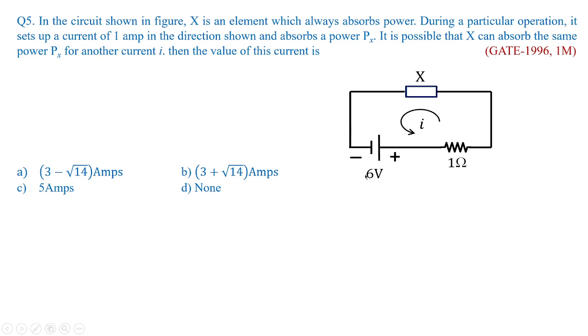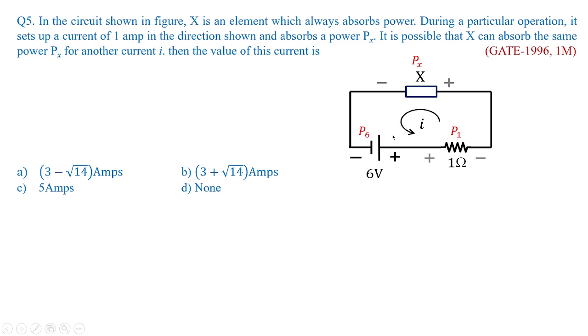You can see here 6 volts, positive over here, negative over here it is given, and the current direction is anti-clockwise. So if I am going to frame the powers developed by these given data, here the power is P6, here the power is P1, and the power which is asked in the problem, that is Px.